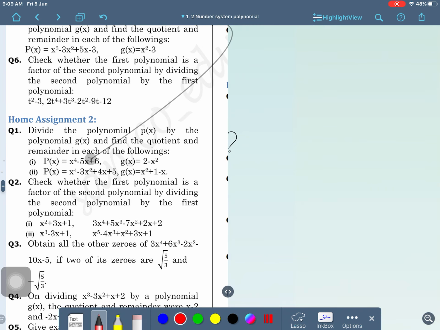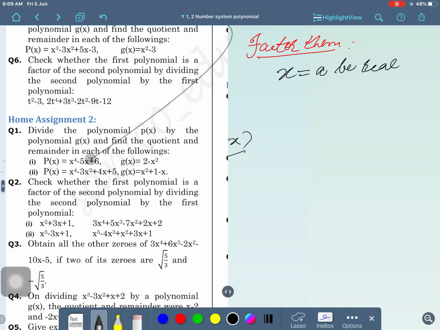The factor theorem statement is: let p of x be some polynomial, and let a be a real number such that p of a is 0.